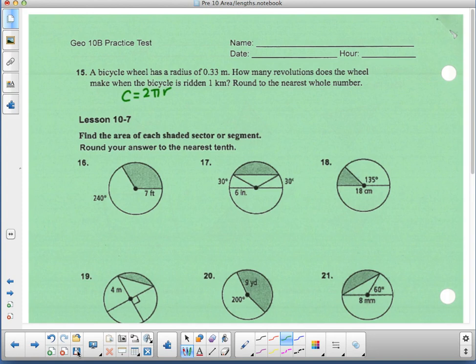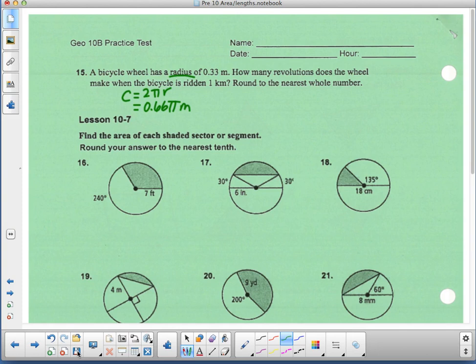That's going to give me the distance of 1 revolution. So since the radius is there, I've got 0.66 pi is 1 revolution. And this is meters. Okay, so that's 1 revolution. So they're asking me, how many revolutions does a wheel make when the bicycle is ridden 1 kilometer?